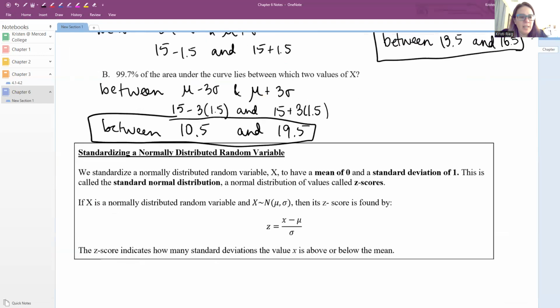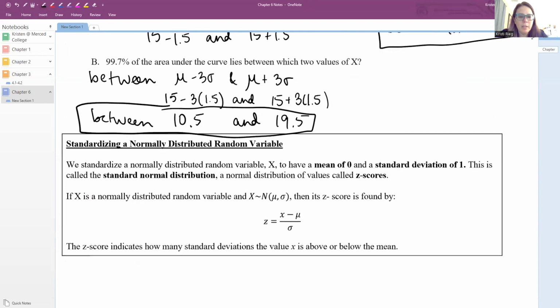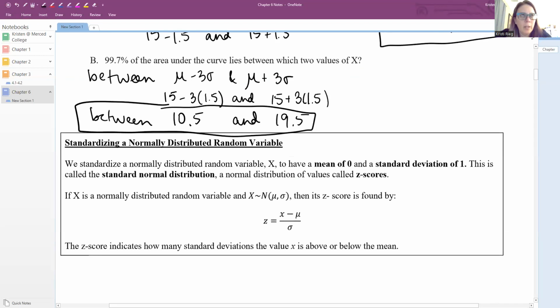Okay, standardizing a normally distributed random variable. When we standardize something, we put everything on the same scale. You might have heard of standardized testing. It's usually some sort of big test, like the SATs, or the big state tests you take in elementary school.